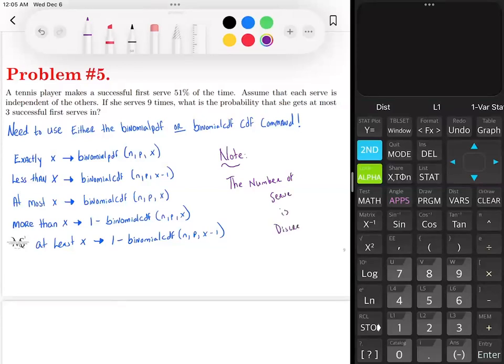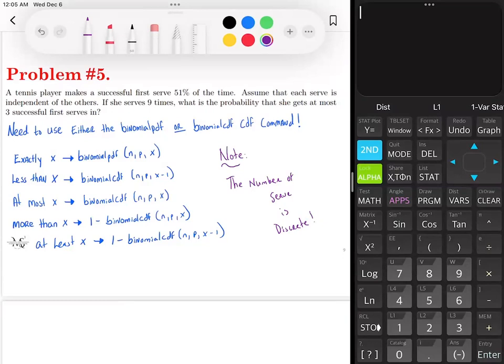Anytime you're dealing with discrete data, you're essentially going to be using the binomial commands, binomial PDF or binomial CDF, or in short, binomial probability. If we're dealing with continuous data, like some sort of measurement, then we will use the normal PDF, or more importantly, normal CDF. So I just want to make that quick note.